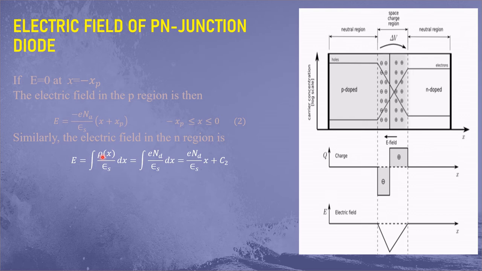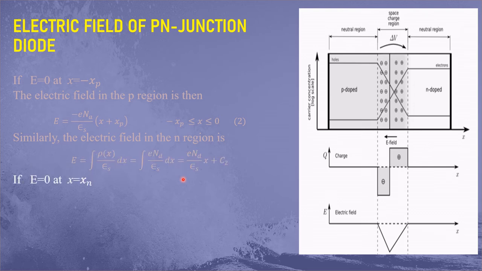The rho x value is, for the positive charge density, END. So here we write the integral of END divided by epsilon s dx, that is equal to END by epsilon s times x plus C2, where again C2 is the integration constant.